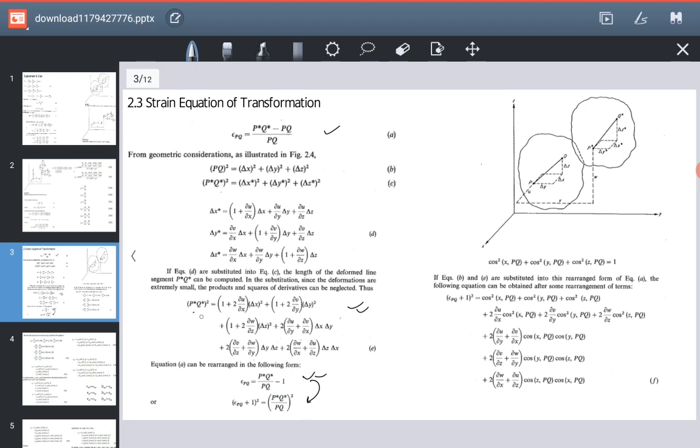So we already established the value of P star Q star, and the value of P star and PQ whole star will be this one. So putting it and simplifying it, we get this. ठीक है. Sorry.